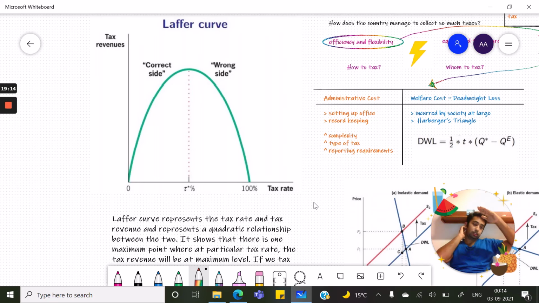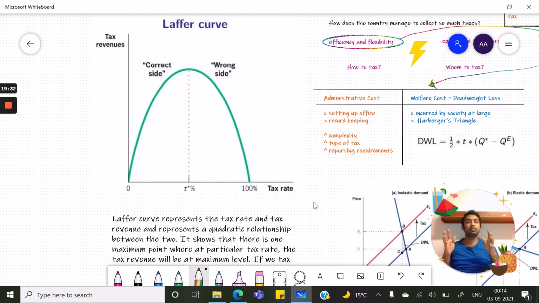So till then you are on the correct side of the Laffer curve, right? But as you start increasing the tax rate even more, the tax revenue starts falling, right? And from that moment onwards we are on the wrong side of the Laffer curve.